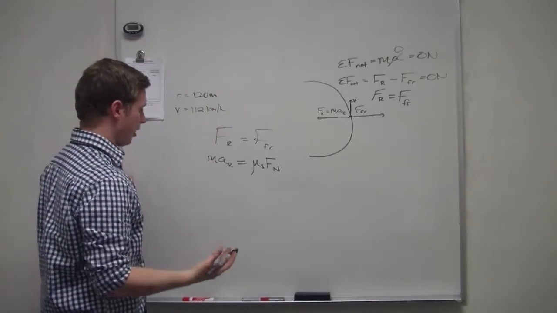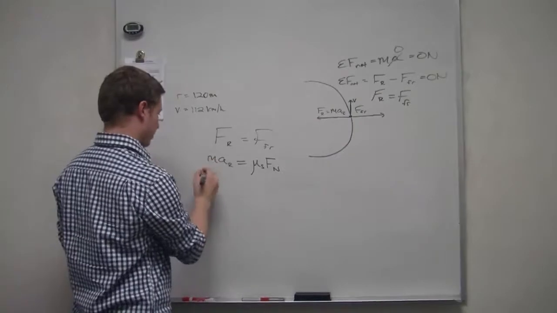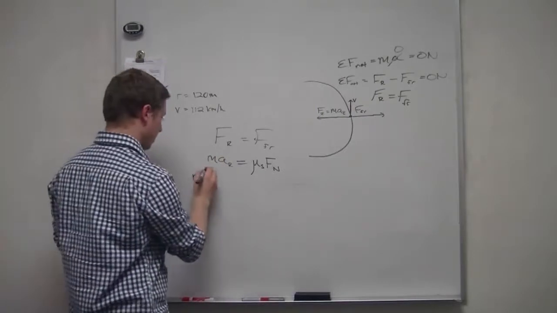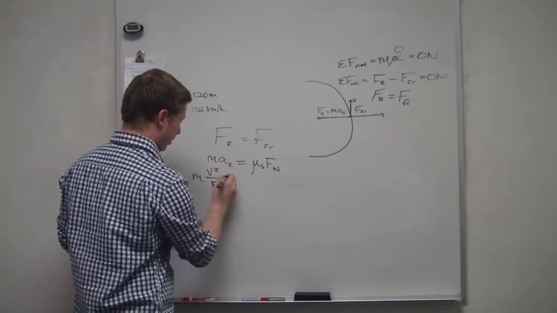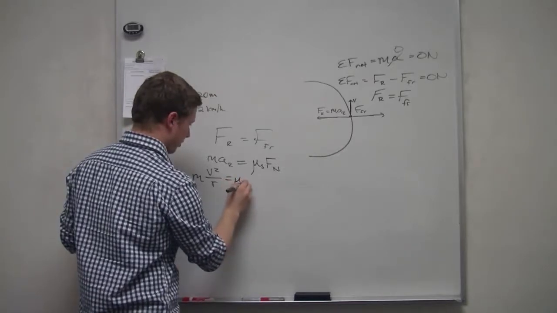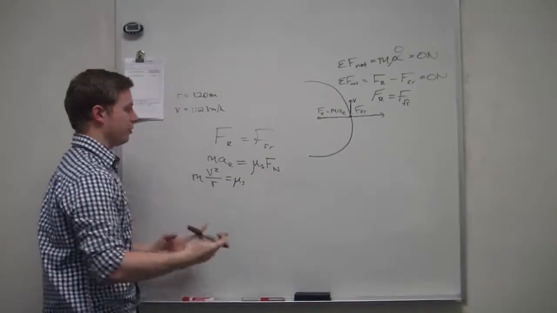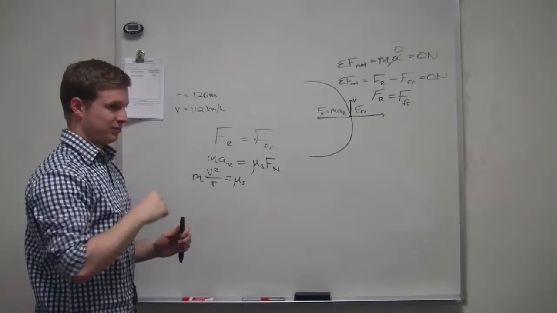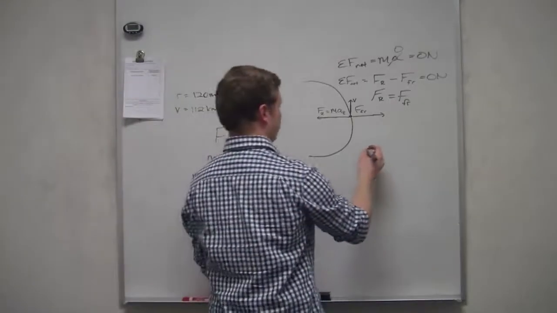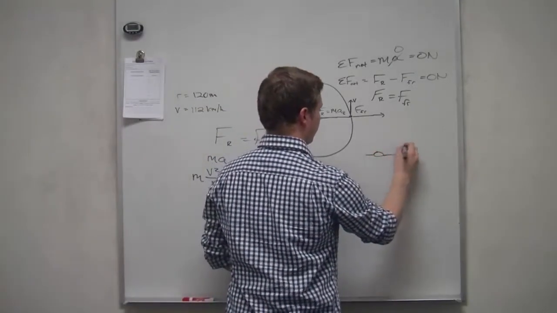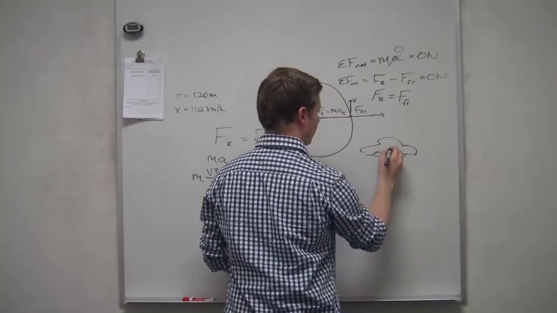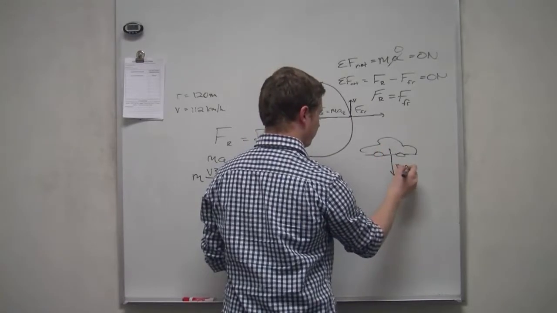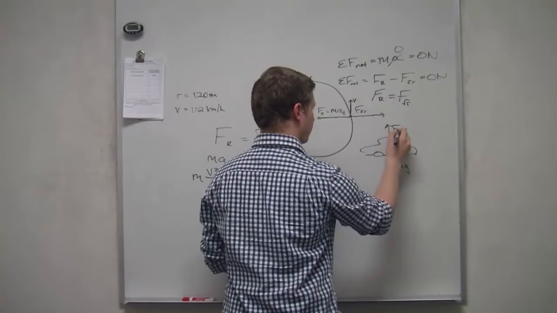Okay, so we can expand this further. We have its mass, and the acceleration is v squared over r. What about our normal force? How can we expand that? Let's draw this. So this is the car driving. Looking at it from this way, we have gravity pulling it down, and a normal force going up.